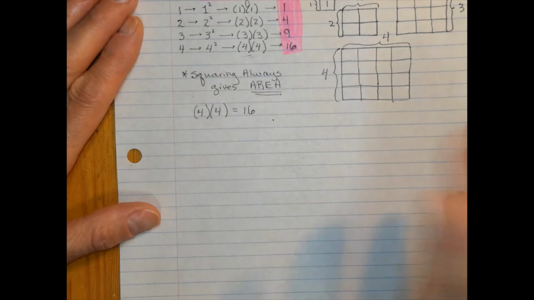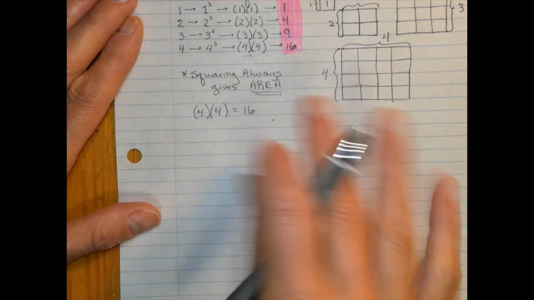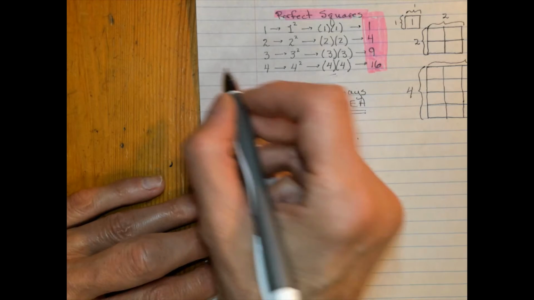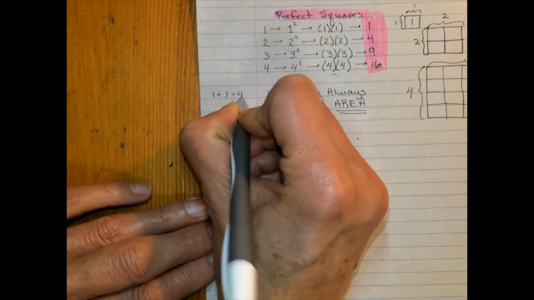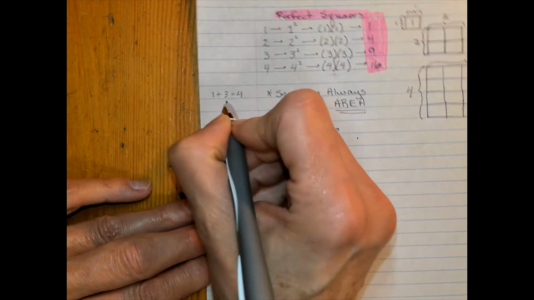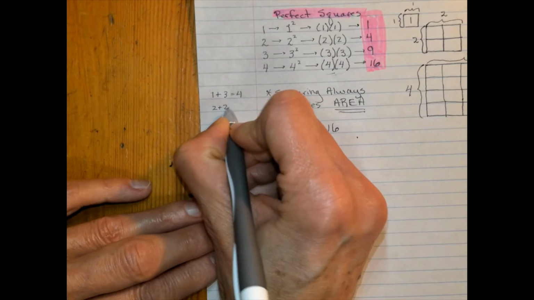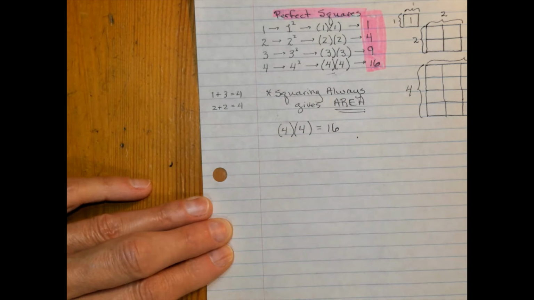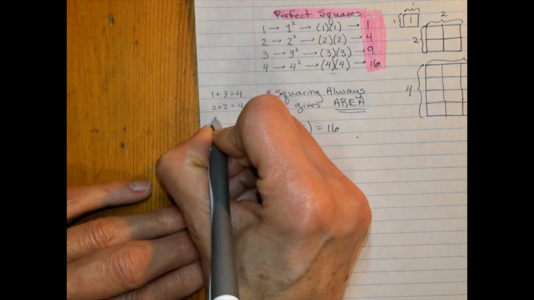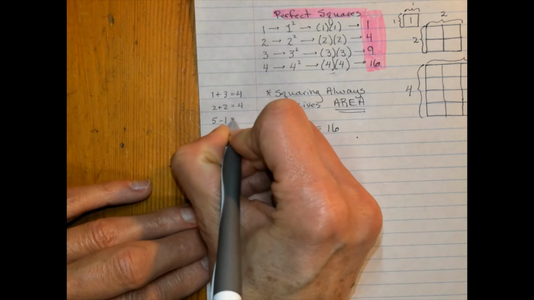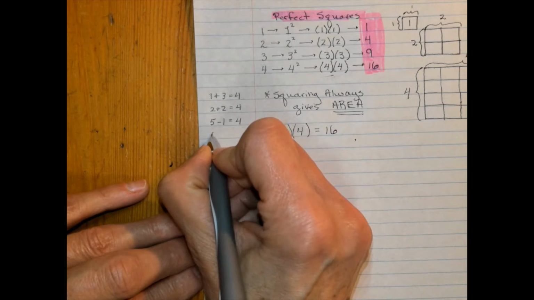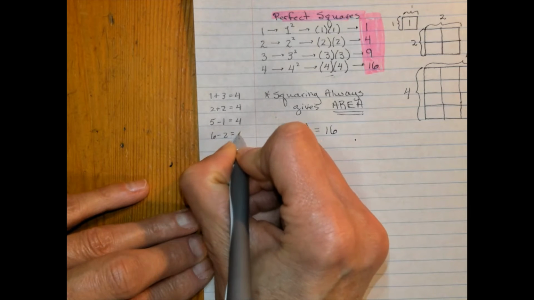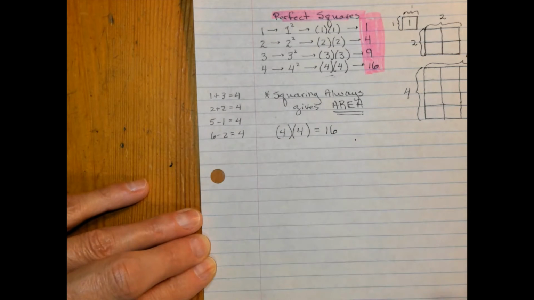I could write 4 as 1 plus 3. That's the same as 4, isn't it? I could write 4 as 2 plus 2, right? That's the same as 4. I could also write 4 as 5 minus 1. Or I could write 4 as 6 minus 2. So I have an infinite number of ways of writing 4.